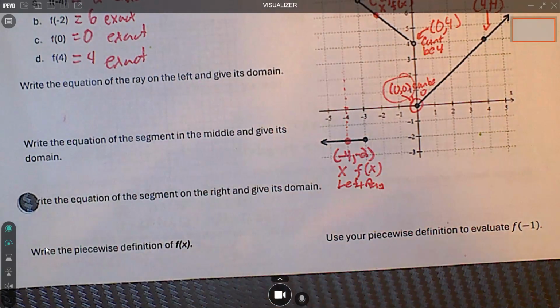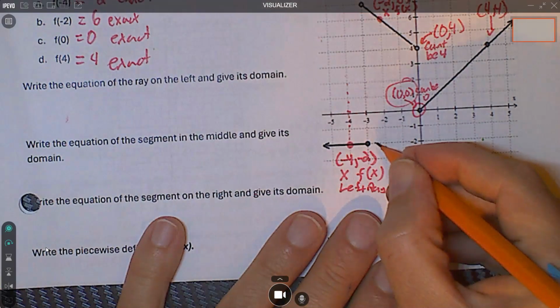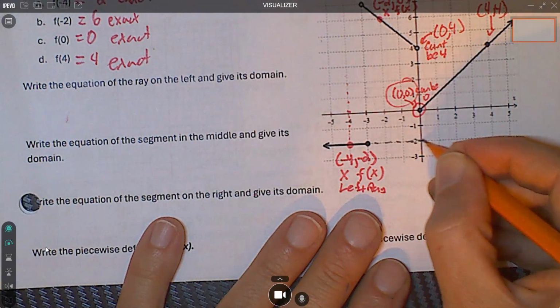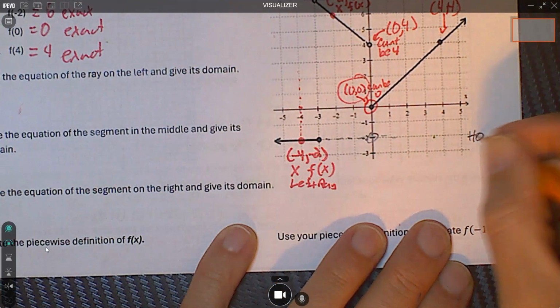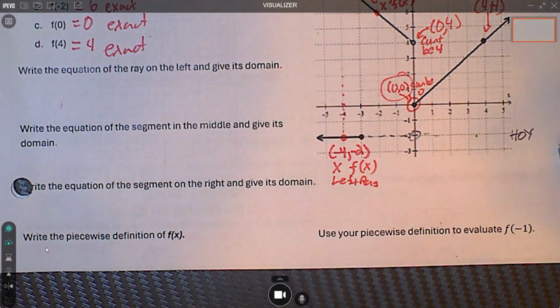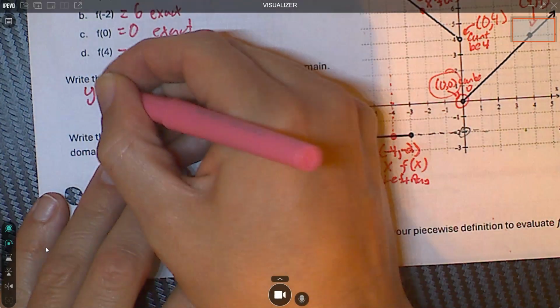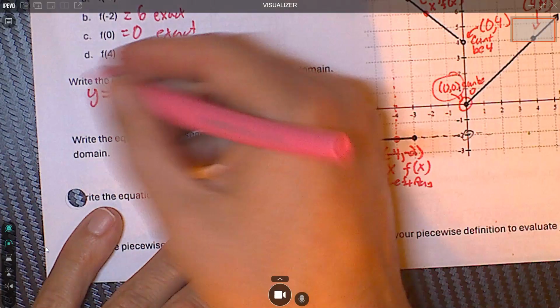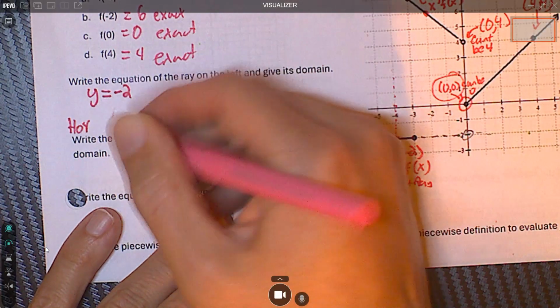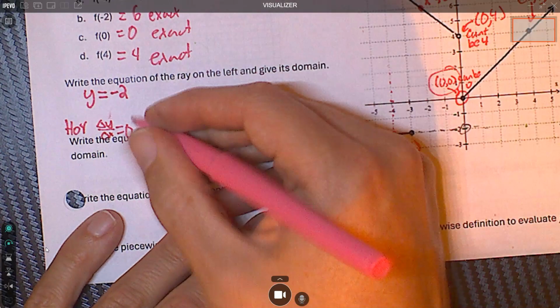There's my left ray. And if I kept this line going, I know it doesn't go past that. It hits at negative 2. It's got a y equal equation, y-intercept. Change in y over change in x is 0.